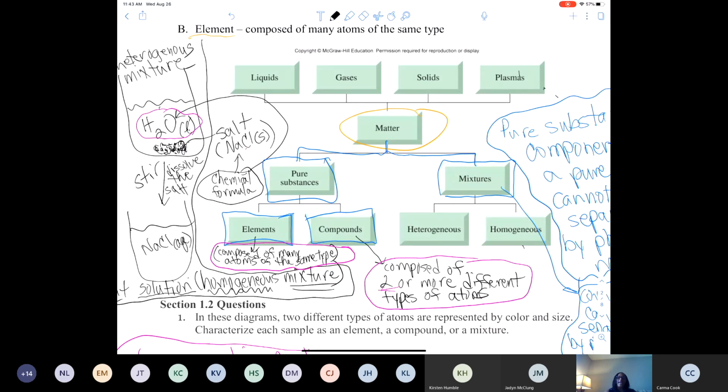So therefore, with the heterogeneous mixture of salt and water, the mixture isn't uniform throughout, meaning that I don't have the same amount of salt at the top layer of the liquid that I have at the bottom of the cup.